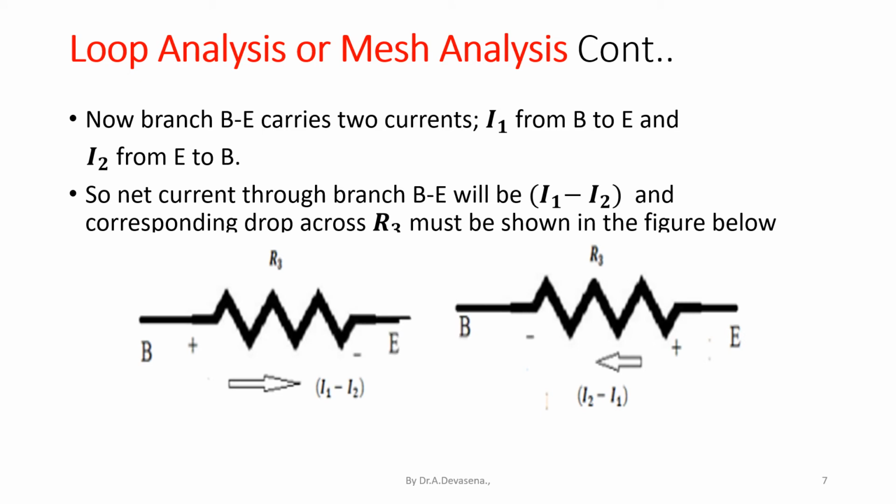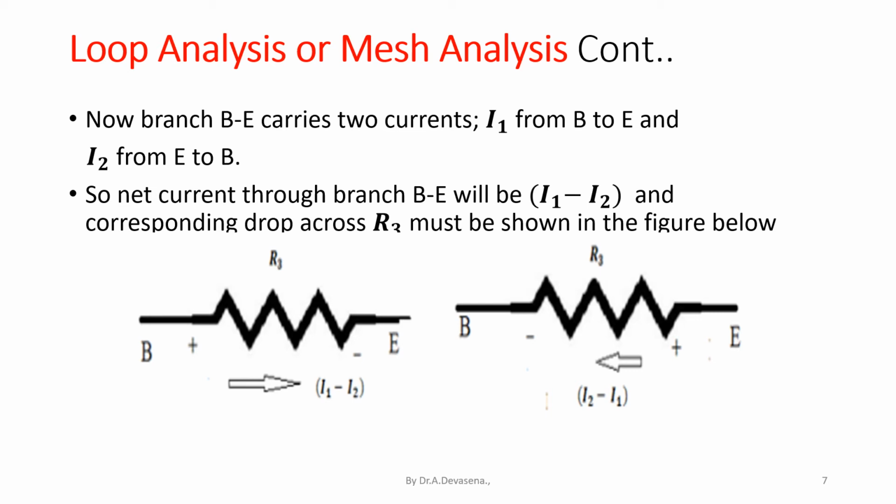This is the representation. In the first diagram, we have considered the current flowing from the point B and ending at E. Therefore, the net current flowing through the resistance R3 for the first diagram is I1 minus I2. Consider the second diagram.